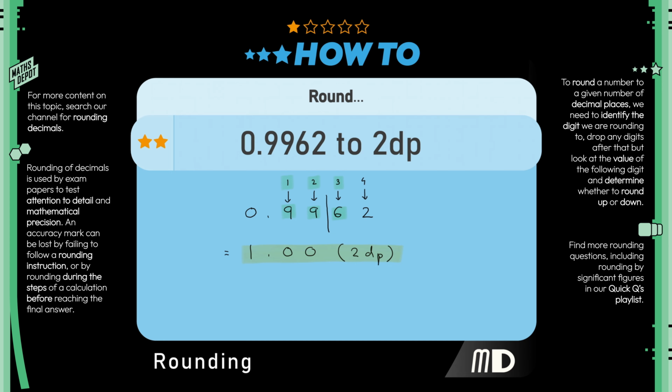So the 0 in front of the decimal point becomes 1, and both 9 digits become 0, both of which still need to be included in our answer, giving us the rounded decimal 1.00 to 2 decimal places.